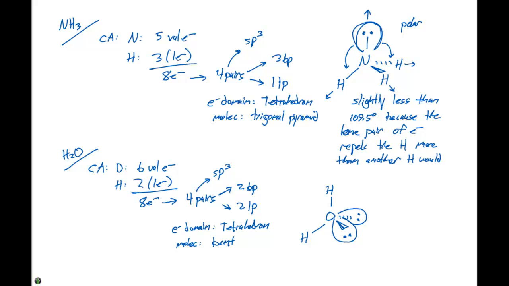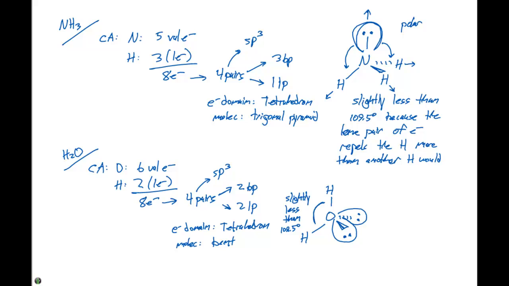So in this case, in a perfect tetrahedron, our bond angle would be 109.5, but in this case, it's going to be slightly less than 109.5 degrees, just like the ammonia was.